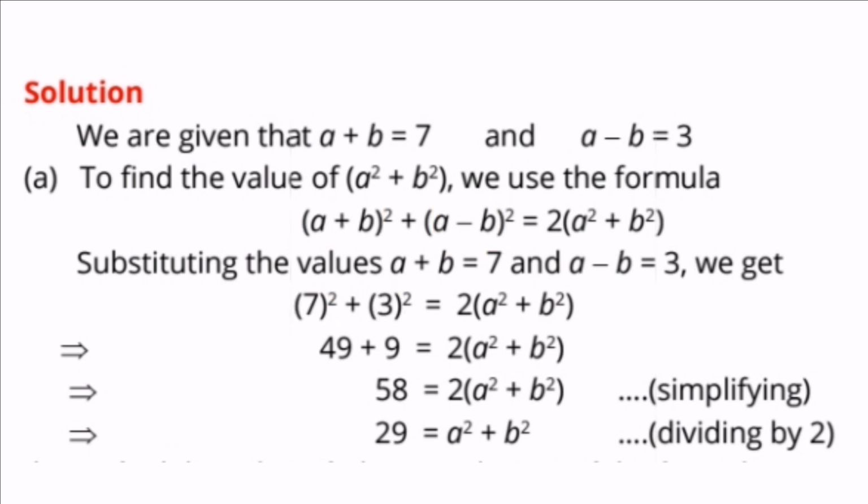So the expression becomes 7 whole square plus 3 whole square is equal to 2 times a square plus b square. 7 whole square is equal to 49 and 3 whole square is equal to 9. So this step becomes 49 plus 9 is equal to 58 is equal to 2 times a square plus b square. Now dividing both sides by 2, we get 29 is equal to a square plus b square.